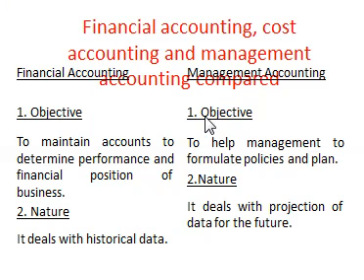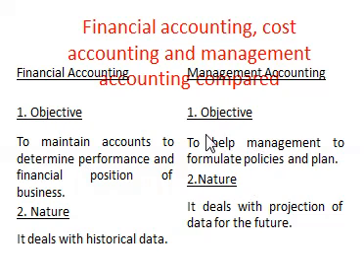So what is the difference? If you look at the difference between financial accounting and management accounting, the objective of financial accounting is to determine performance and financial position. That's why you prepare a statement of profit and loss and a statement of financial position. You want to know the performance.